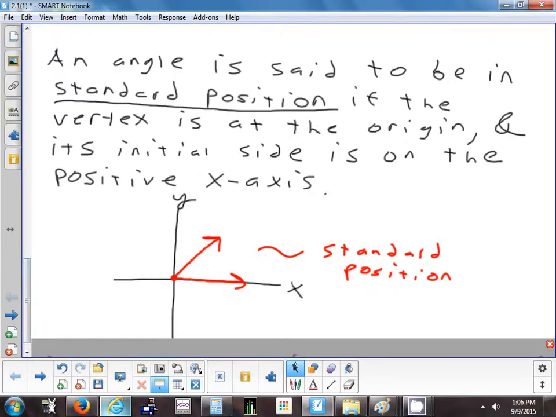Okay, Jamie, if I take this angle and move it like that, is that still standard position? Right. Vertex isn't at the origin. The initial side is still where it needs to be, but the vertex has to be at the origin. Okay, let's say I did something like this.